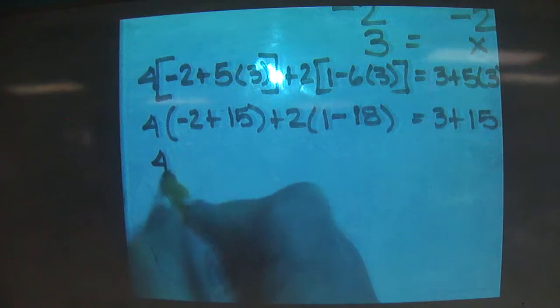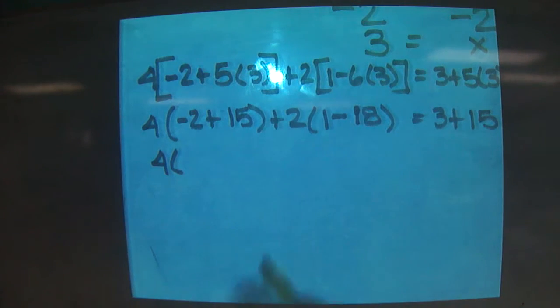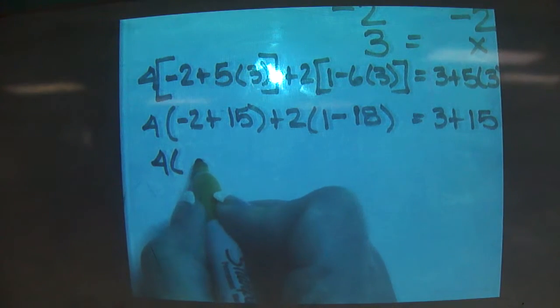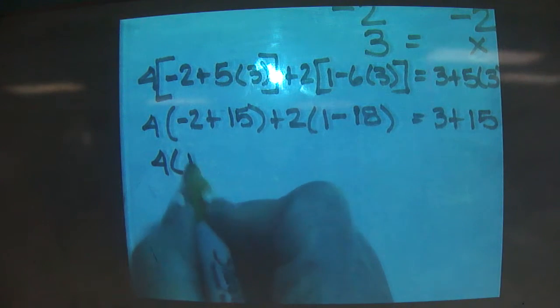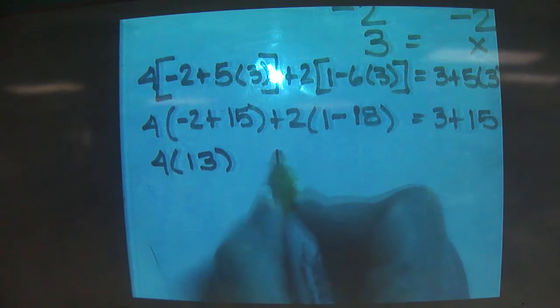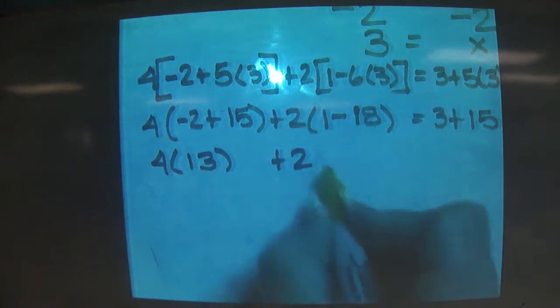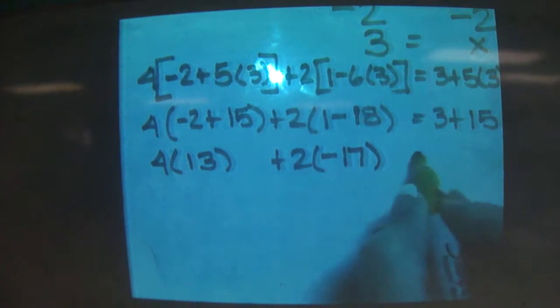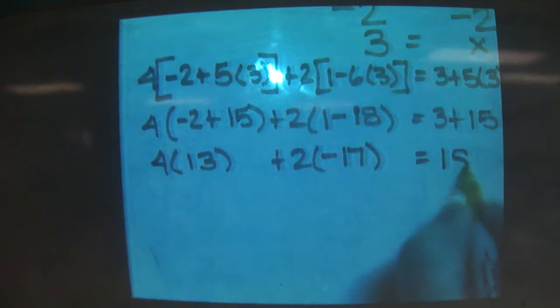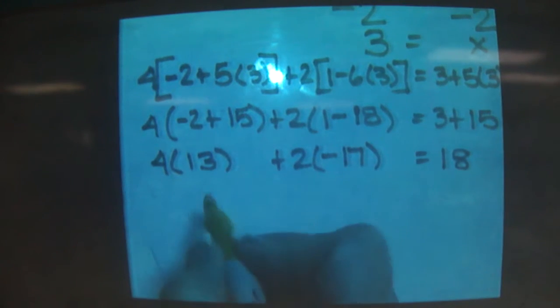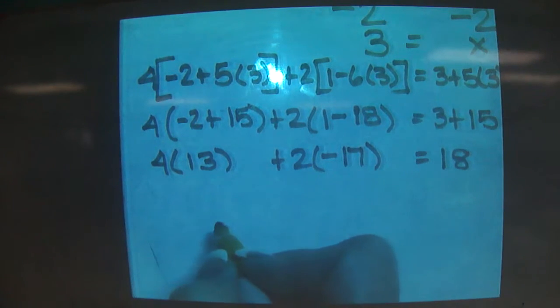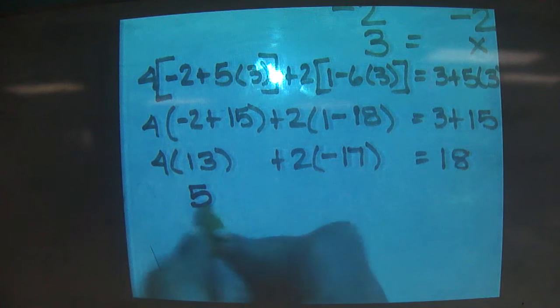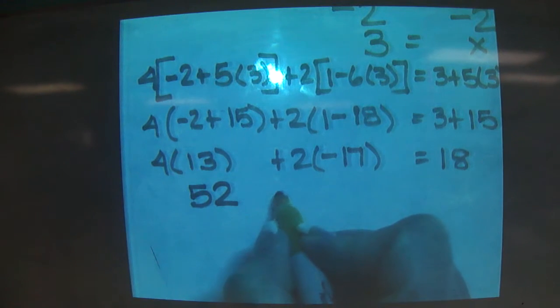So 4 times -2 plus 15? 13. Plus 2 times 1 minus 18? Negative 17. Equals 3 plus 15, which is 18. What's 4 times 13? We are checking it. 52, because there's 13 cards in a suit.